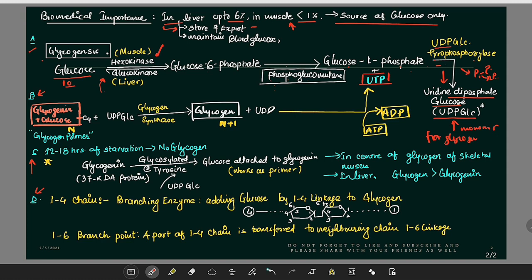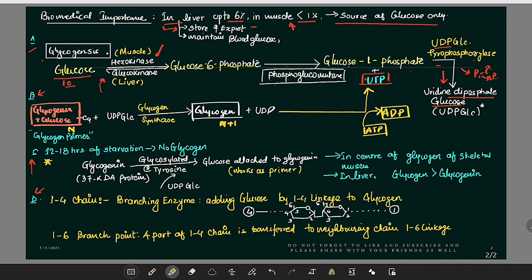Up to this point, let me go back once again to the different steps that have taken place. The glucose molecule has been converted into glucose 6 phosphate. This glucose 6 phosphate has been converted into glucose 1 phosphate.